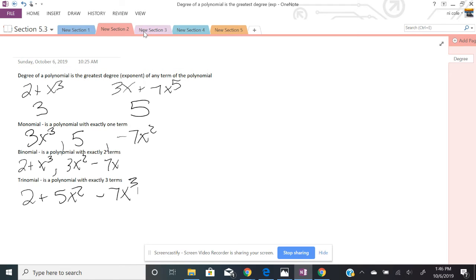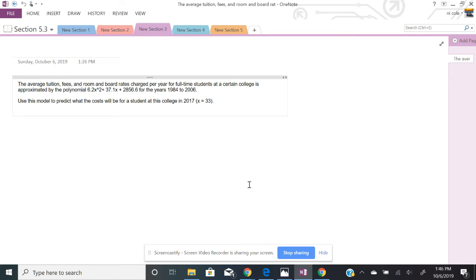All right, moving on. You're going to be asked some questions like this. The average tuition, fees, and room and board rates change per year for full-time students at a certain college is approximated by this polynomial function, 2.6x squared plus 3.71x plus 2,856.6, for each year from approximately 1984 to 2006.